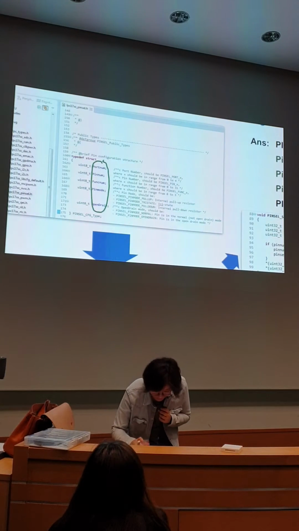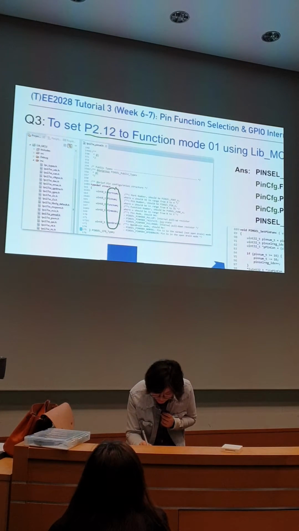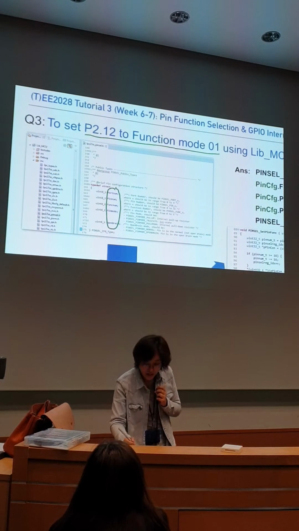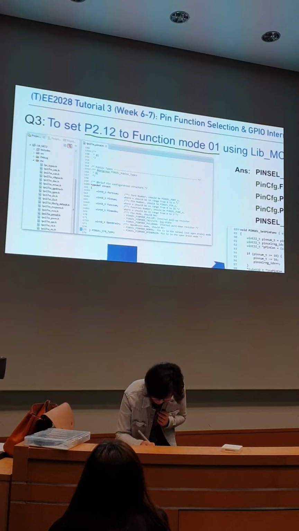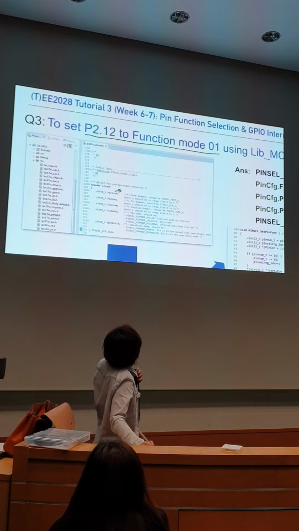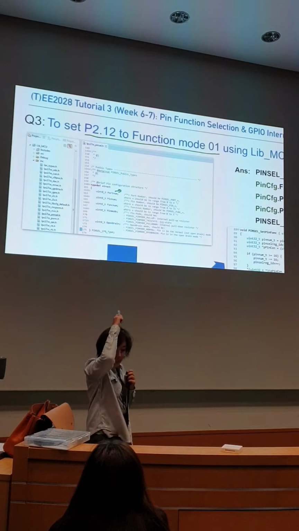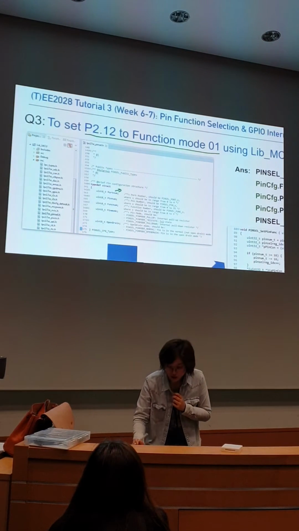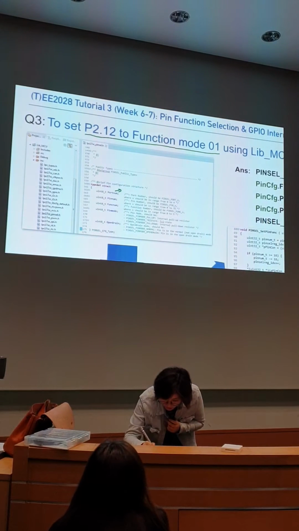Remember our task is to set P2.12 to function mode 01. By the name you know that this is a port number, the first one. So for this particular question, what is your port number? Port number 2.